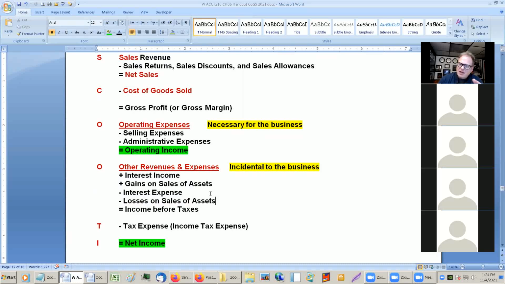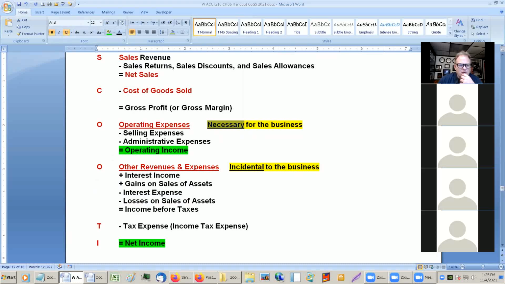You're making pizzas, but incidental to the business is that you got this new truck and you sold the old one. Again, you're not in the business of selling trucks. So while it did happen, you did sell the old truck, it's not really what you're in business for. So these are things that are incidental to the business. They actually happen, but they're not necessary for business.